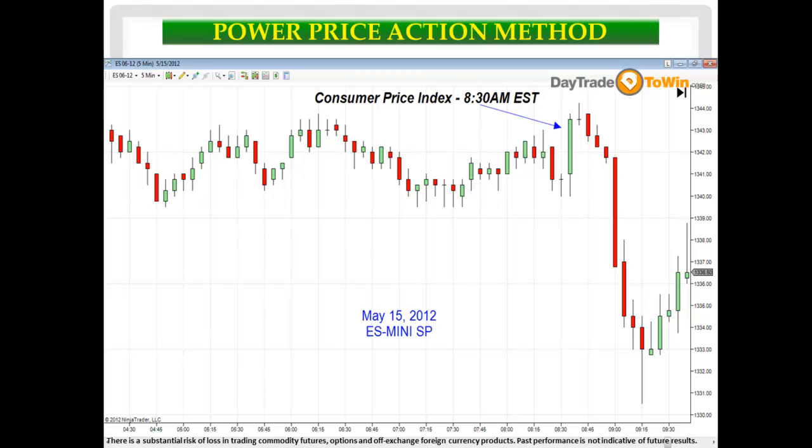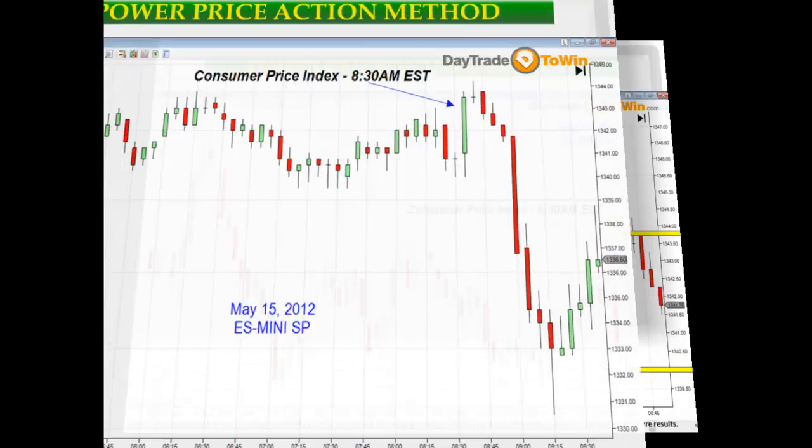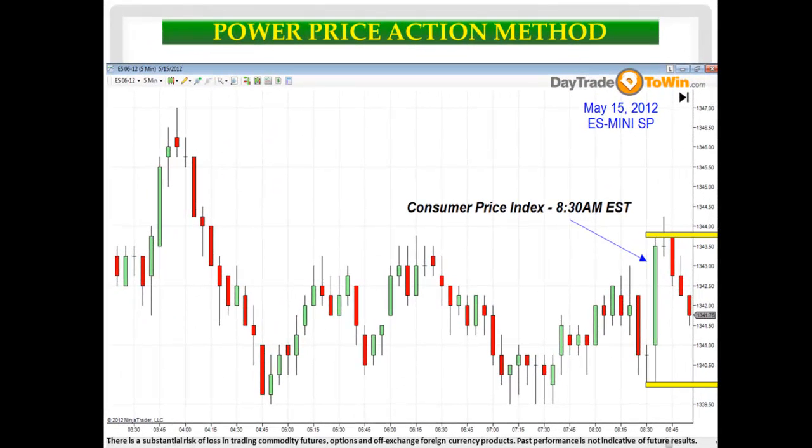So how I do it is I take account for the actual chaotic move that occurs, this large green candle, and I say to myself, first, was there a reaction to the news? And not only was there a reaction, was it chaotic? Chaotic means much larger than the bars that came prior to it. And I could see definitely that this candle is much stronger, with a bigger range than any other candle prior to it.